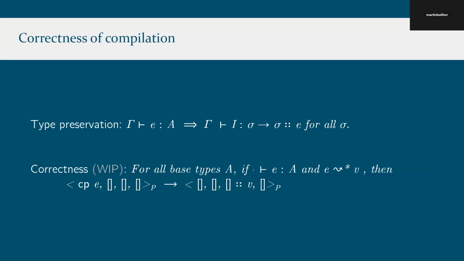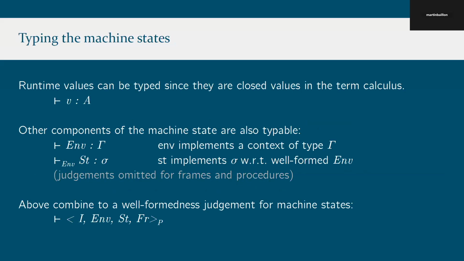But I think we can do something a bit more with such a setup, because if you look closely, or remember what I said earlier, we know runtime values are nothing but closed values in the term calculus, which means that they can be typed very easily just with the type system.